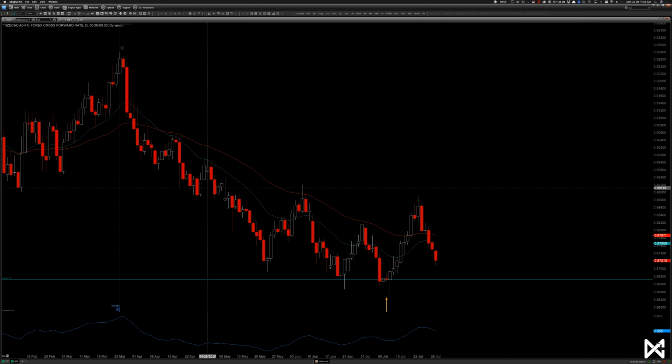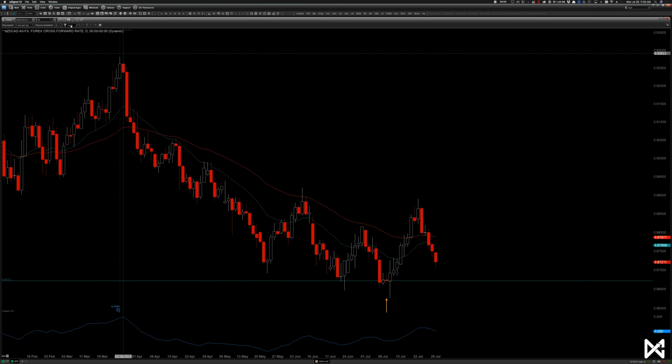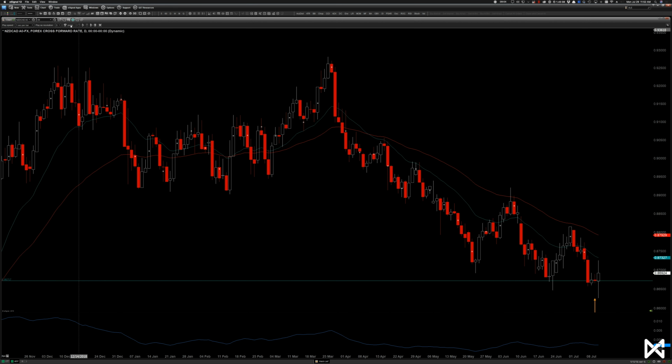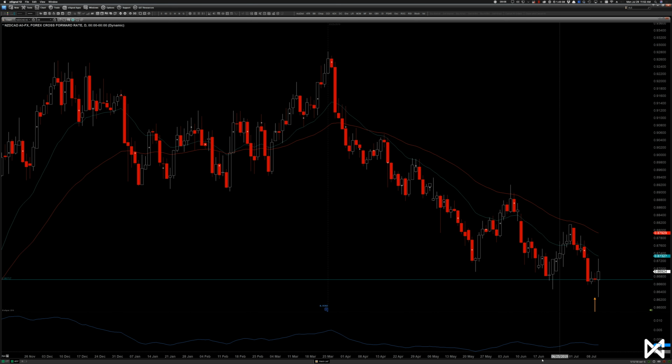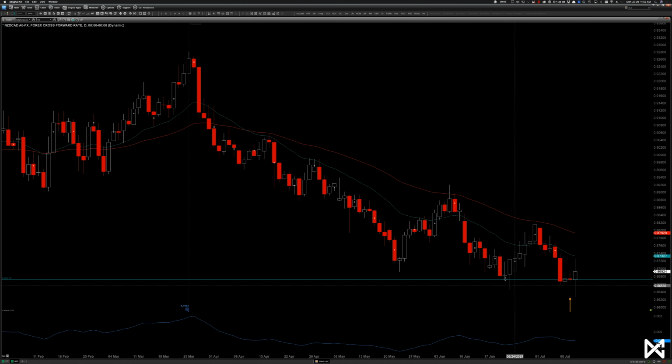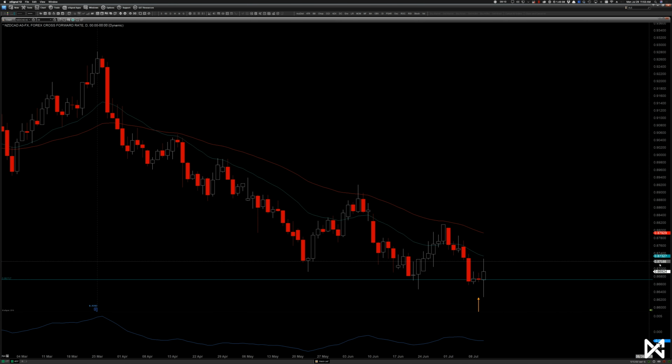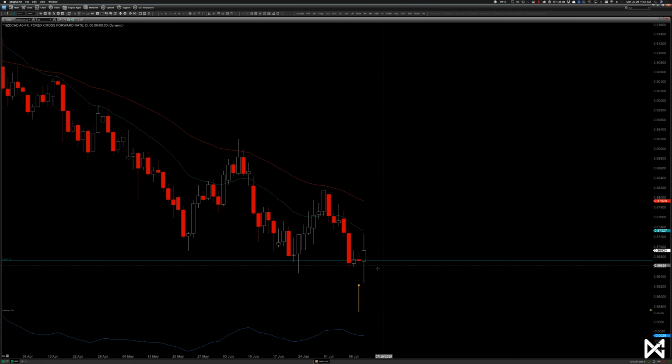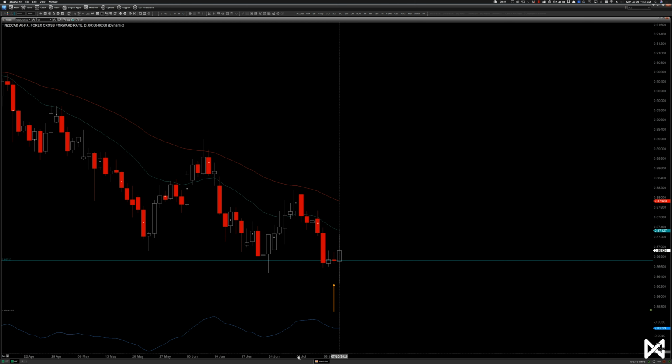So if I zoom in on this a little bit closer, again, we want to make sure that there's some kind of support or resistance. In this case, we have the previous lows. And a doji is this very small candlestick formation, right? The wicks are pretty much tiny and the body of the candle is small.